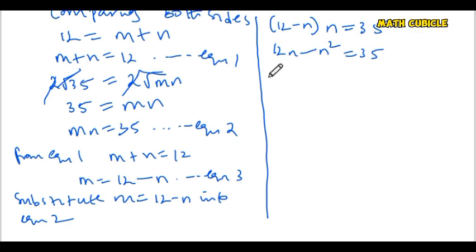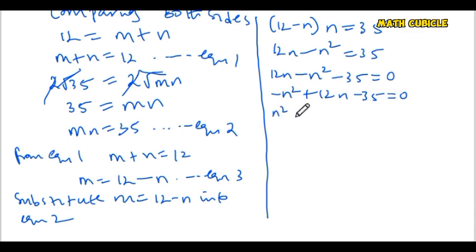Bring this to the left hand side, minus 35 is equal to 0. Let's rearrange: minus n squared plus 12n minus 35 is equal to 0. Multiply through by minus 1 so this can be positive. So this becomes n squared minus 12n plus 35 equals 0.